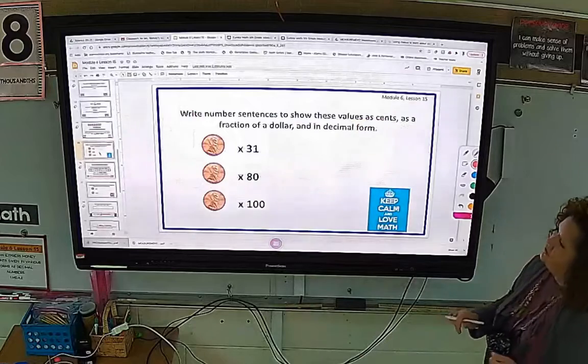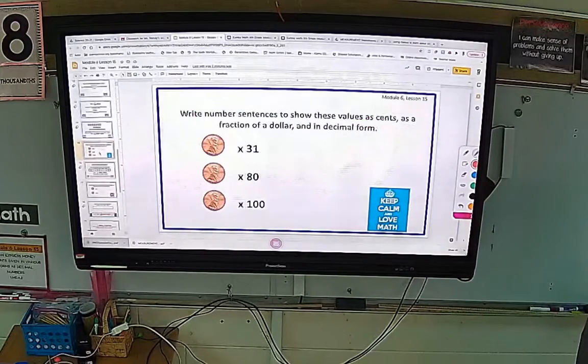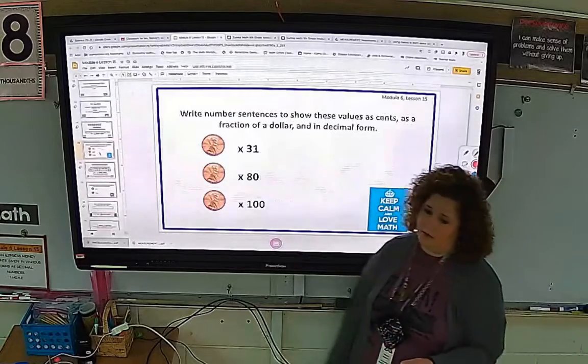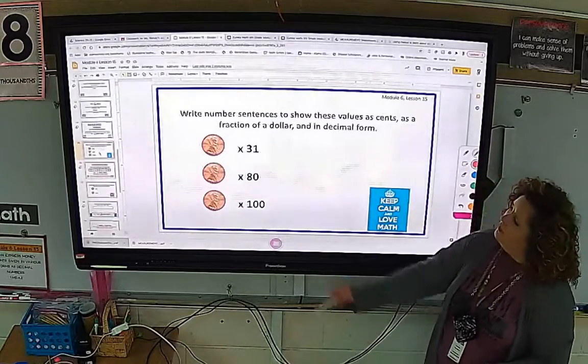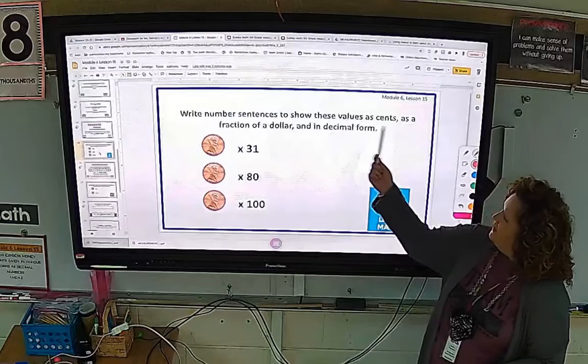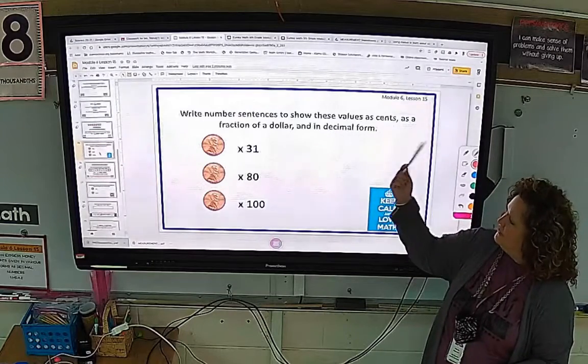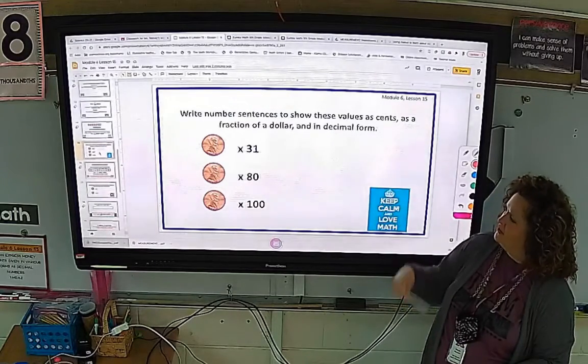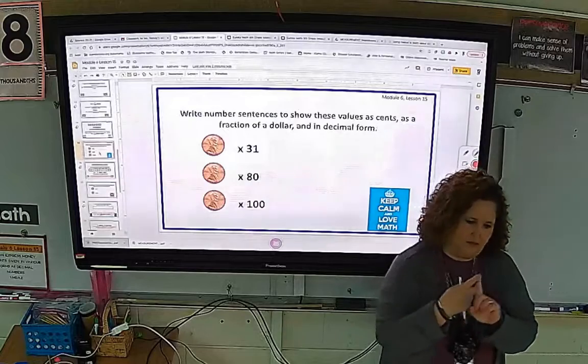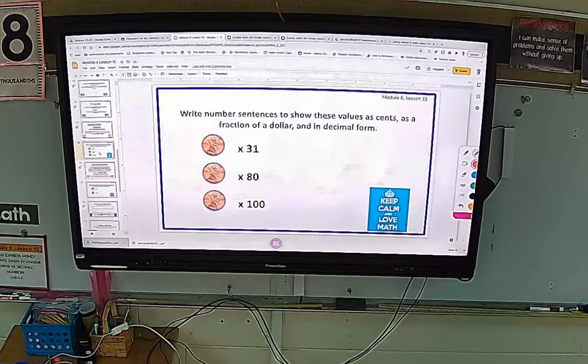Okay. So we want to practice writing some number sentences, addition sentences, that type of thing. Sometimes it's going to be multiplication. Write a number sentence to show these values as cents, as a fraction of a dollar, and in decimal form. So we're practicing writing a number sentence or a math problem, and we're going to write our amounts as a fraction and a decimal just to get that practice.